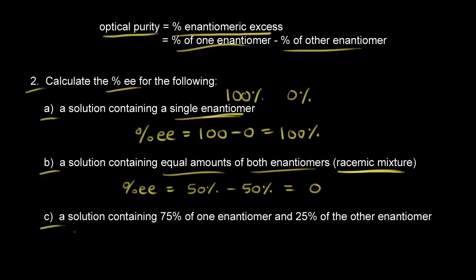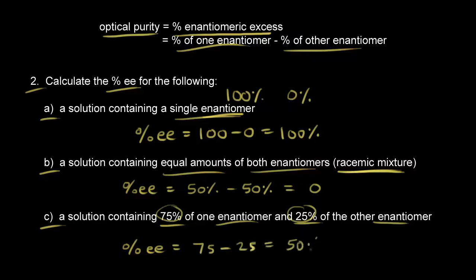For part C, we have a solution that contains 75% of one enantiomer and 25% of the other. So the percent enantiomeric excess is equal to 75% minus 25%, which of course is equal to 50%.